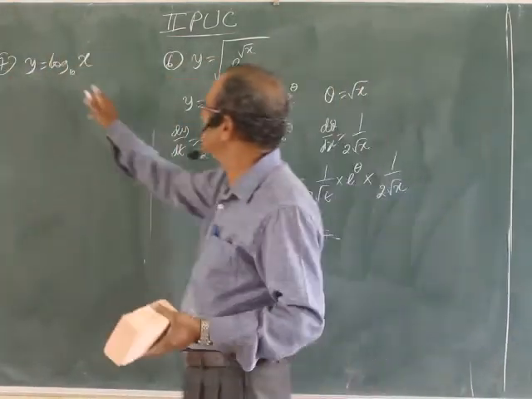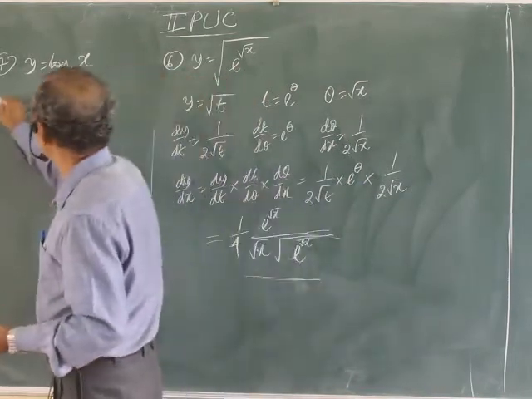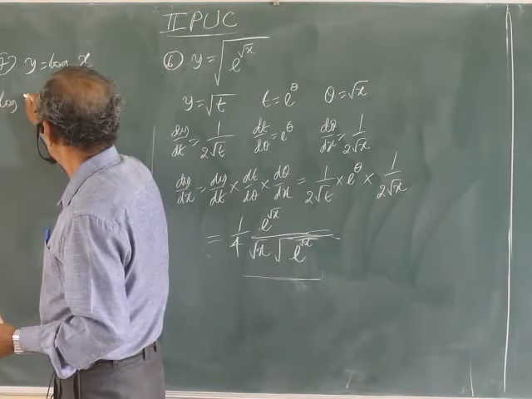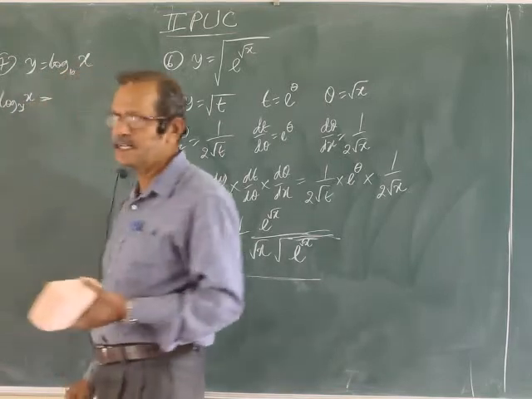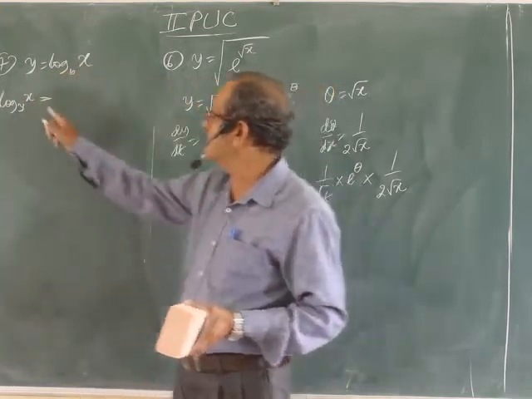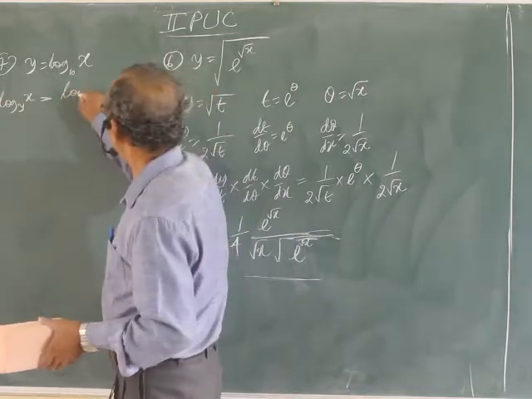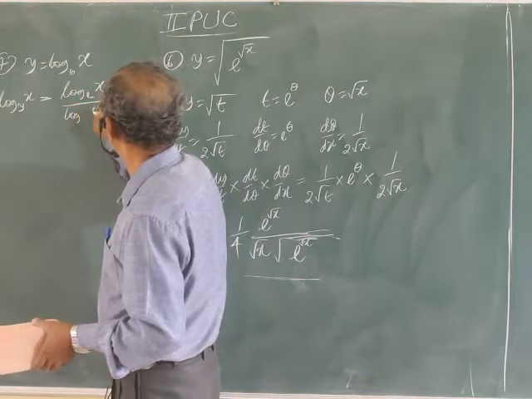Here it is some other base, 10, 15, whatever may be. You know the change of base law, see, log x to the base y is equal to log x to the base e by log y to the base e.